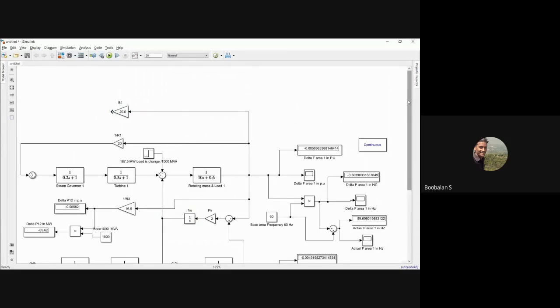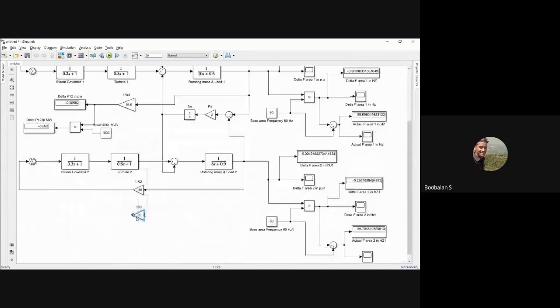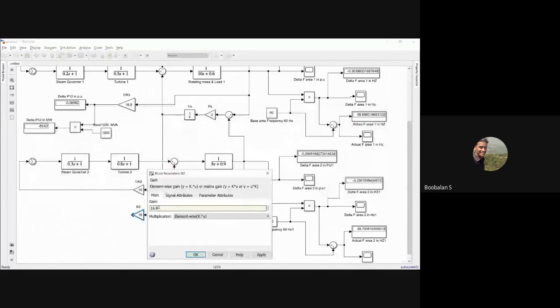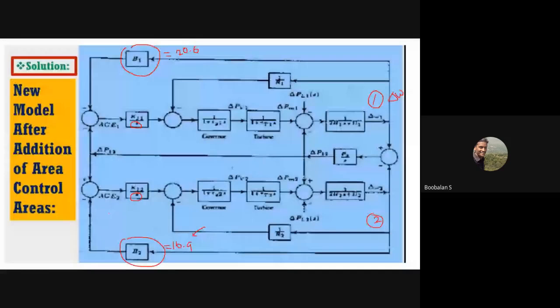The same way we need one more, B2 for area number 2. B2 value is 16.9, just now we calculated 16.9. Click OK.